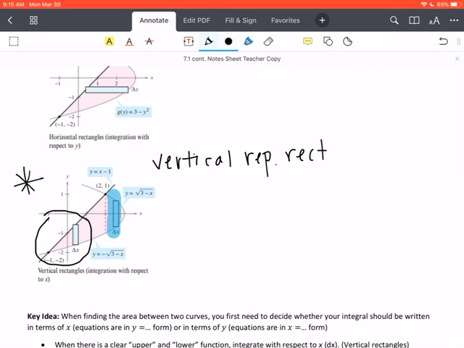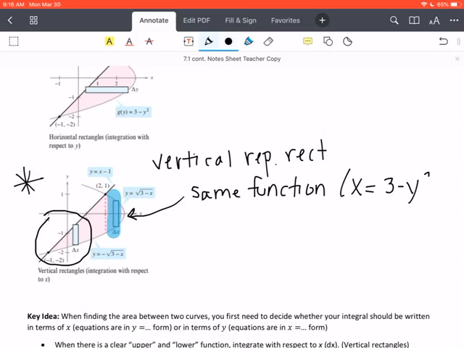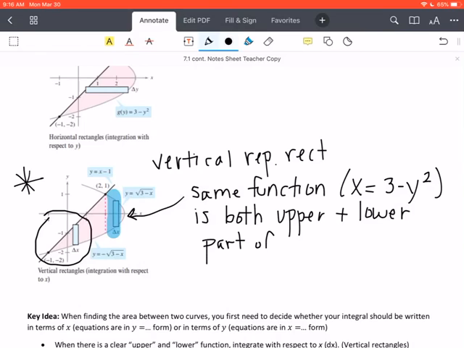So if we write it out, right here the same function, which is x equals 3 minus y squared, is both the upper and the lower part of the rectangle.